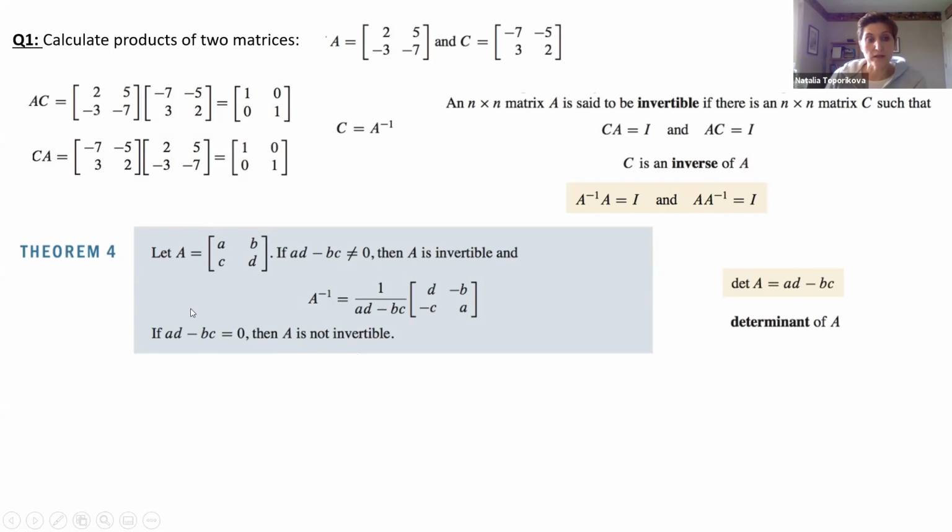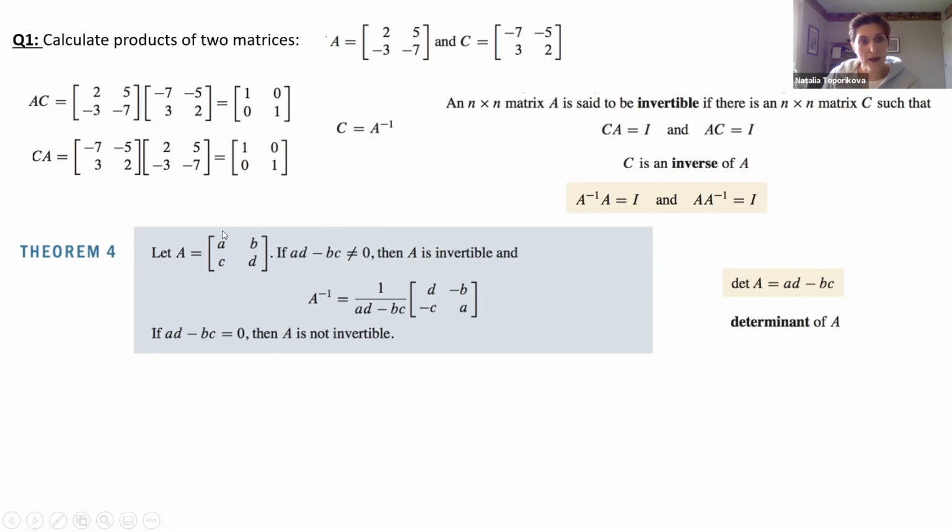If the determinant is equal to 0, the inverse matrix does not exist. But if it does not equal 0, then we say that the matrix is invertible, and we can find exactly the value for our inverse matrix using this nice formula. It is 1 divided by our determinant, multiplied by a matrix which is quite similar to our original matrix.